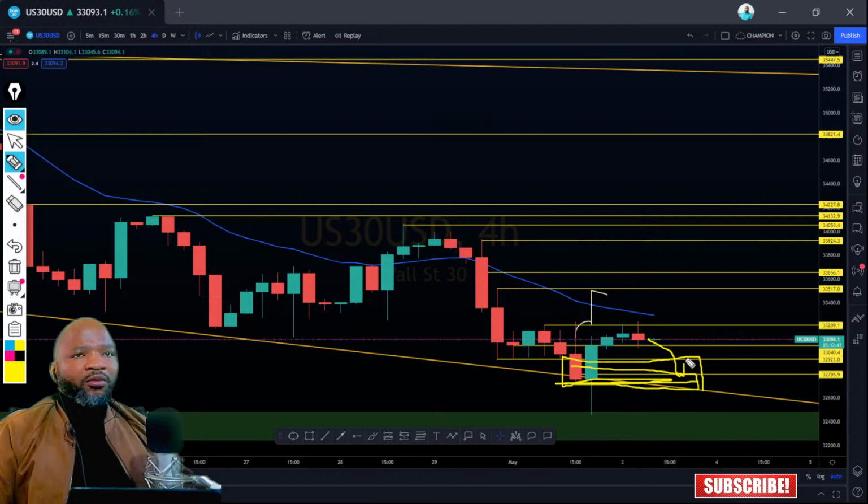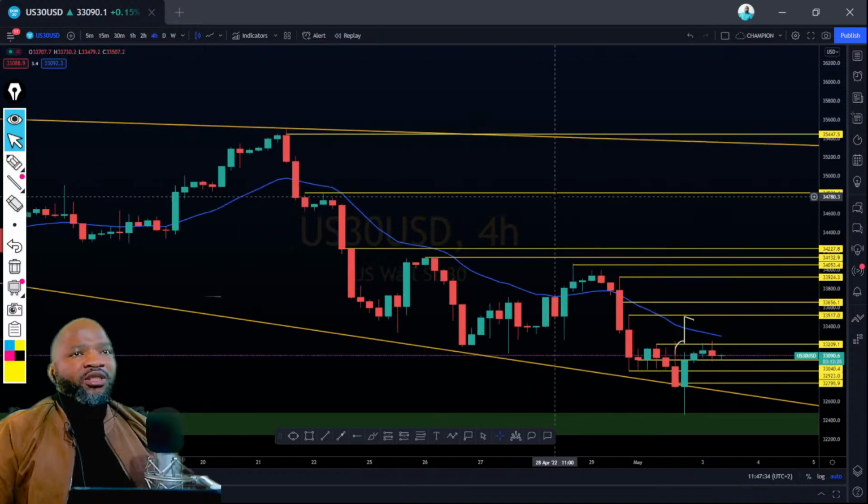The price will come and retest and push towards the upside. This area seems highly respected. We will just have to wait and see if our price breaks out of that area.